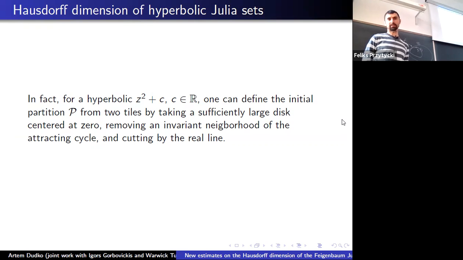One of the easiest cases is when we have a real parameter c, say between -2 and 2. We can define the initial partition P by taking a sufficiently large disk around 0, removing an invariant neighborhood of the attracting cycle, and cutting by the real line.